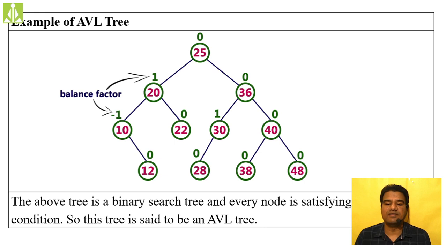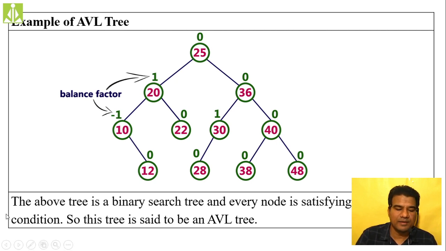Okay, so AVL tree, I have given an example over here. As you can see, it is a binary search tree because the root node is 25, and whatever nodes we have inside the left subtree are smaller than the root node, and whatever nodes we have inside the right subtree are greater than the root node, isn't it?